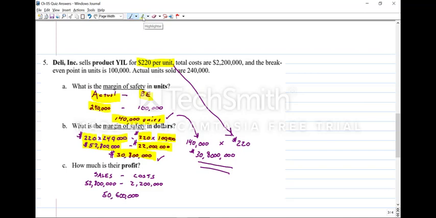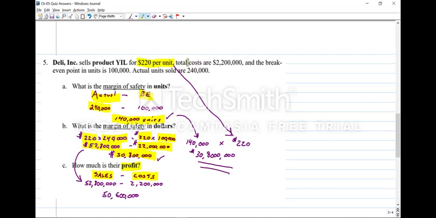The final concept here for Chapter 5, Question 5 quiz, is this concept of profit, which is simply your sales minus your costs. We calculated the sales above here, took the actual units times the selling price, and they give you the total costs.